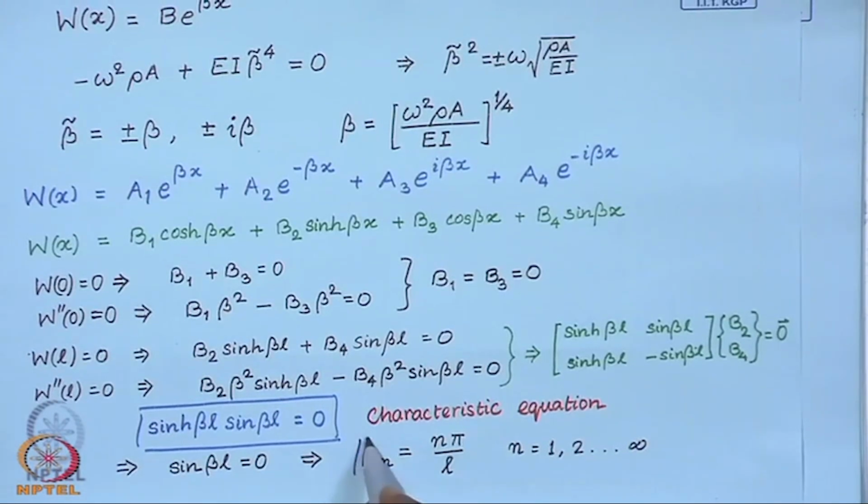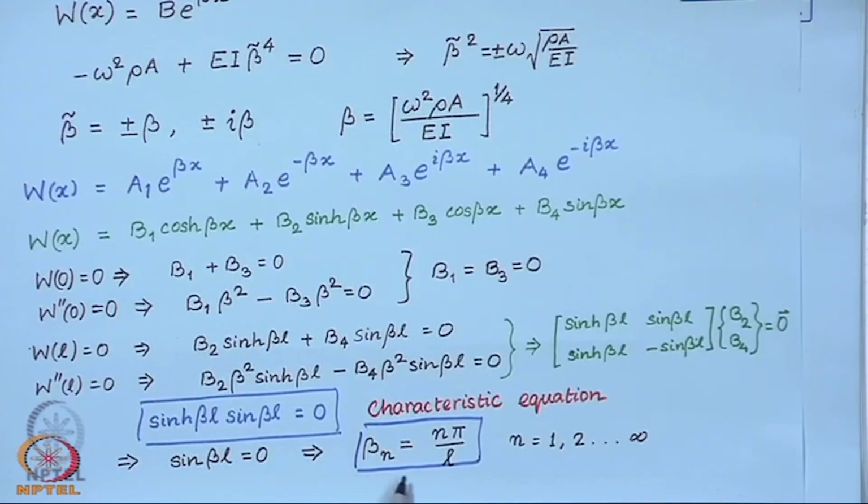So, these are the values of beta n for which all these boundary conditions will be satisfied.